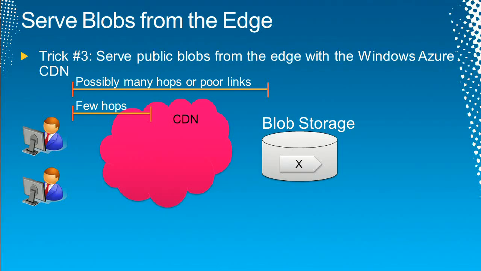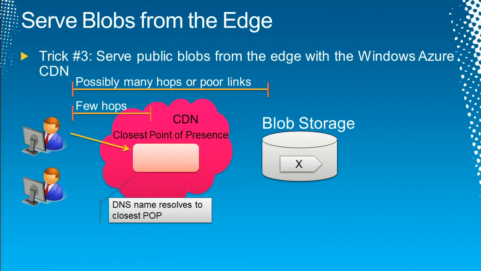We locate the nodes in the CDN just a few hops away from the user, even if the source of the data that's going to be served by the CDN is located many hops away from the user. Those hops might be slow, they might be lossy, and so we can provide much better quality of service to users when we're serving close to them than we can when we're serving from some central location.